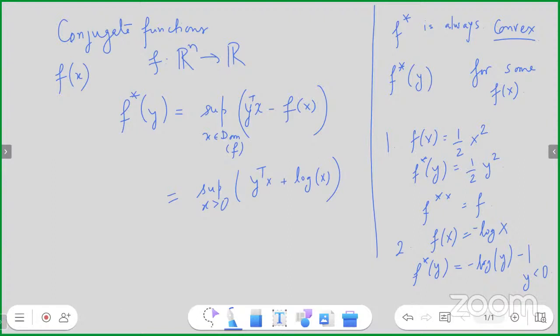That term will always be positive, or not positive because of the first. What kind of function is this, y transpose x plus log x? For example, for y greater than 0, what kind of function is this?